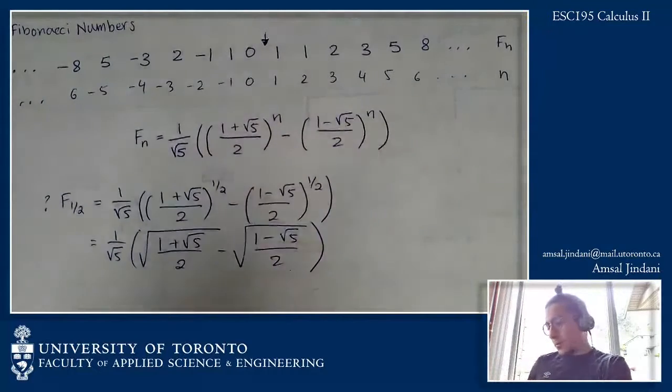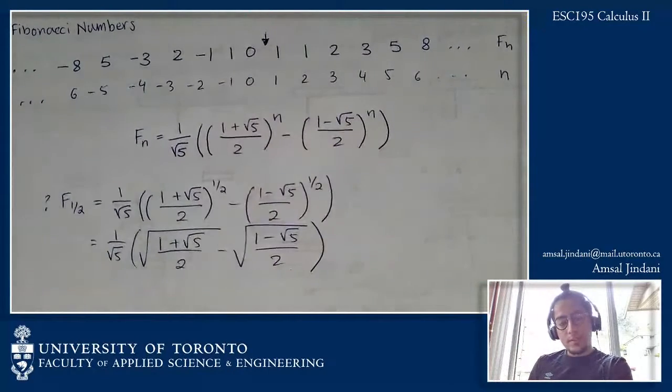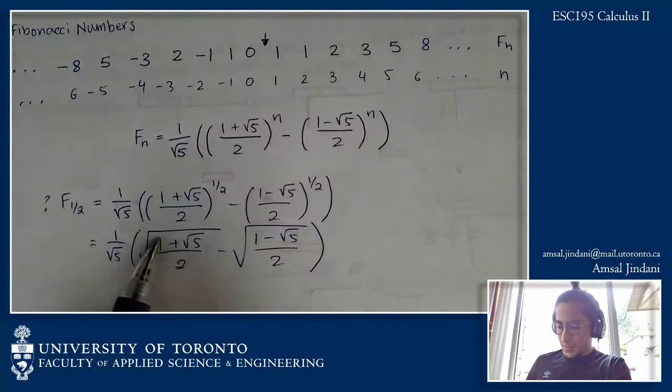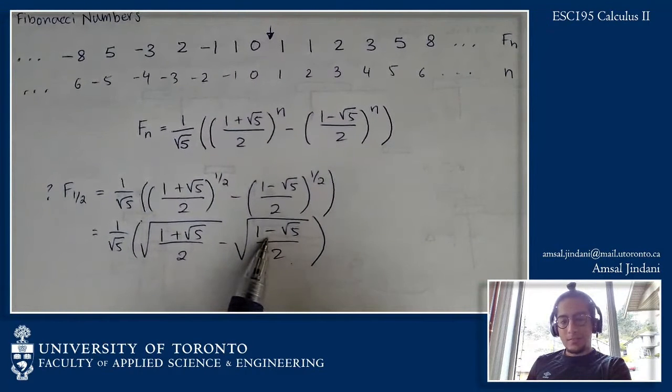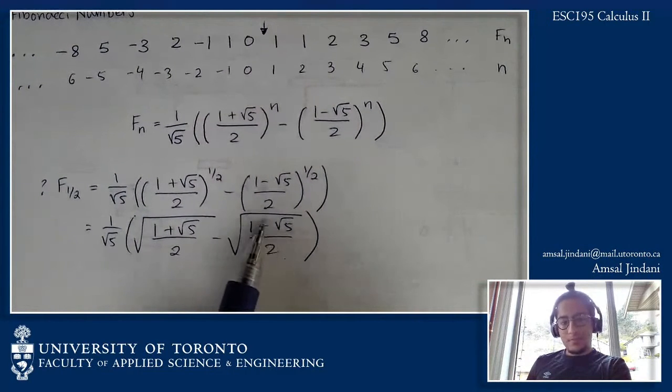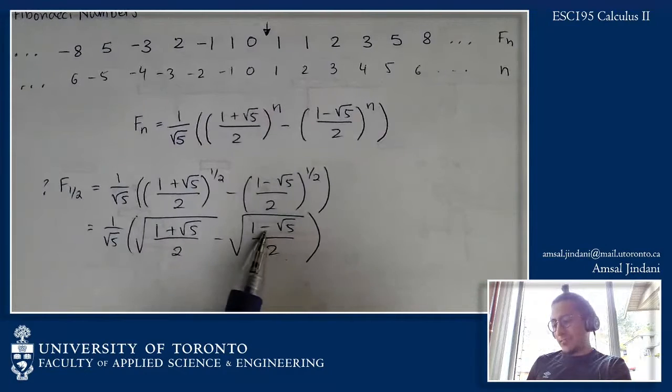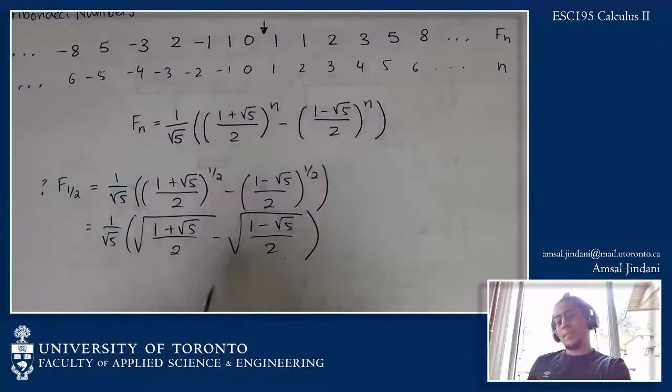Does anyone see any problem with this so far? Sure, I can compute (1 plus square root of 5) over 2 and take the square root of that, that's fine. But what about this, (1 minus square root of 5) over 2? Well, this number is actually negative. So this is a negative number, and we take a square root.